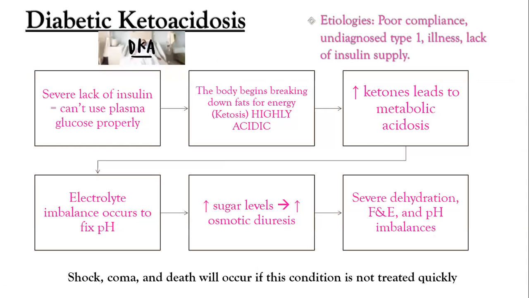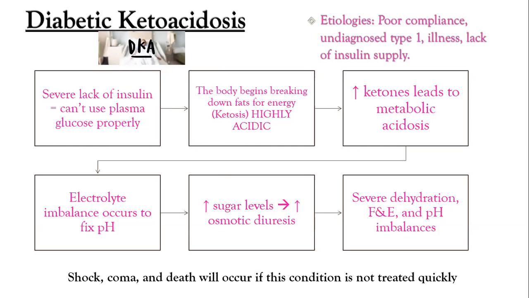Alrighty. So now we are going into diabetic ketoacidosis. These are acute problems with diabetics. These are life-threatening problems. So diabetic ketoacidosis usually occurs mostly to type 1 diabetics because quickly they're out of insulin.